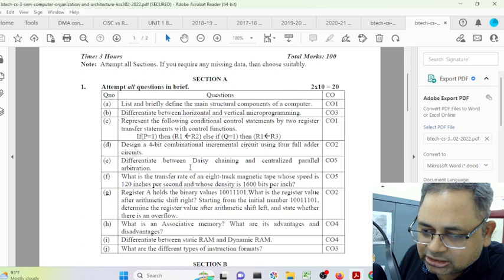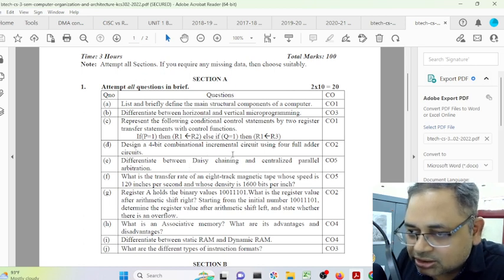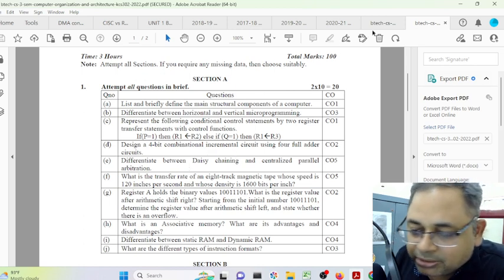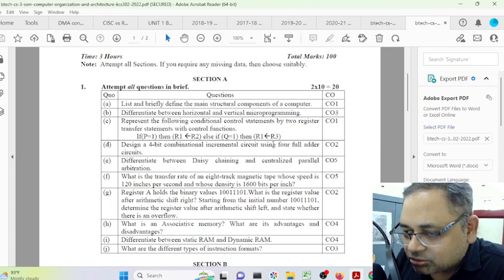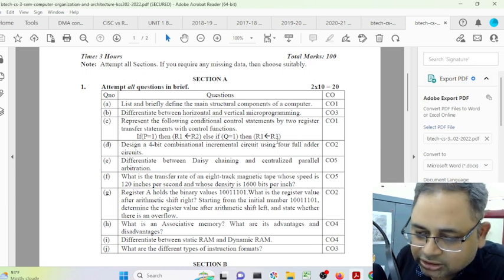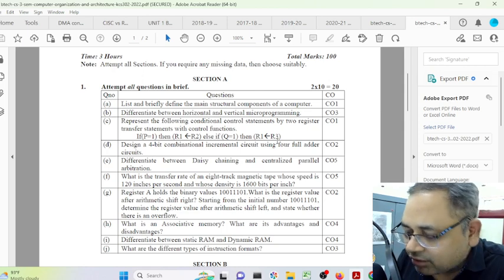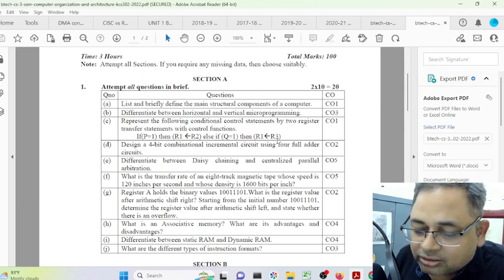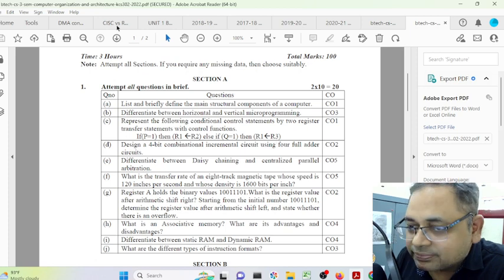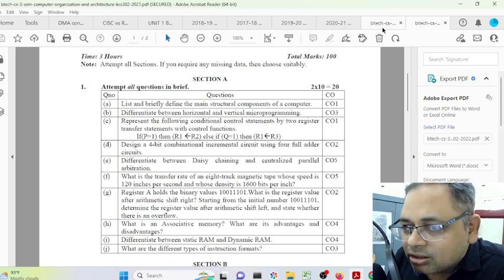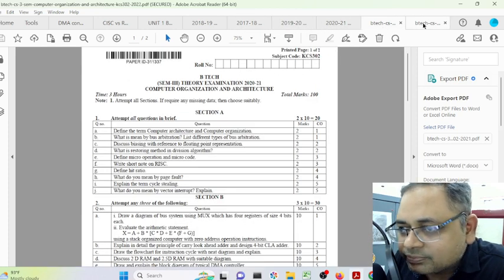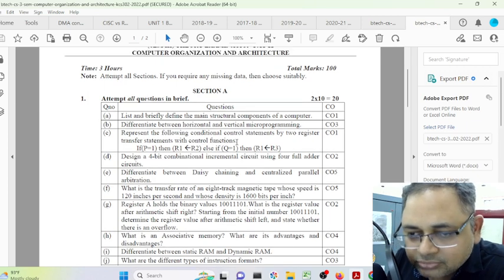I think it was an easy paper, it doesn't bother the student too much. But a good student, every student is a good student, must prepare each and every question logically, not by cramming.